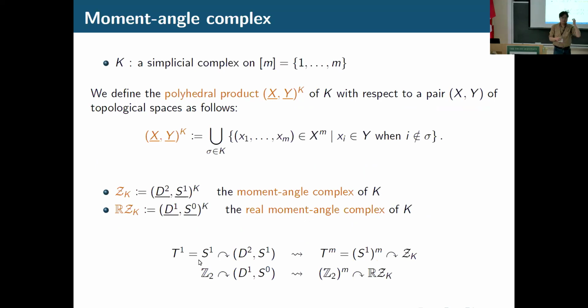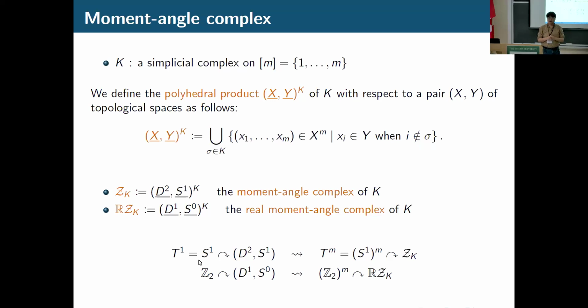Let me start with the notion of the polyhedral product. I'm very lucky because probably all of you are familiar with it, as this is the last talk of the focus program on polyhedral products. Among the polyhedral products, I would like to mention the moment-angle complex and the real moment-angle complex.